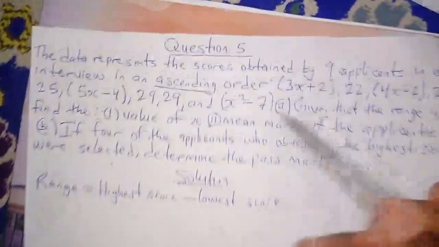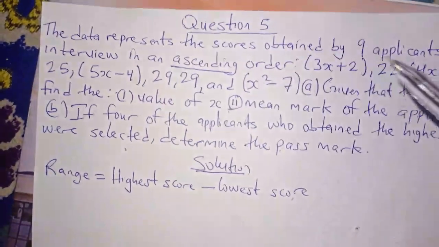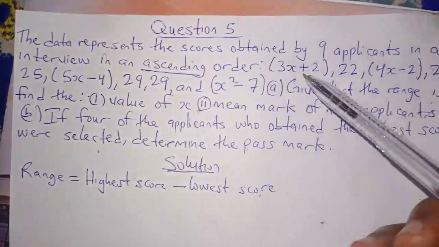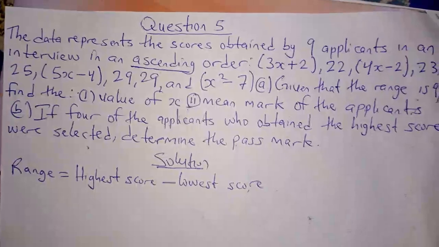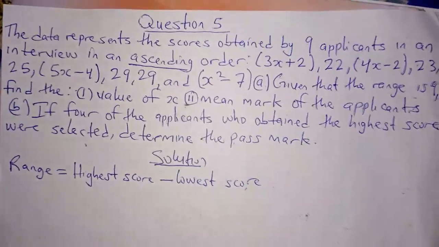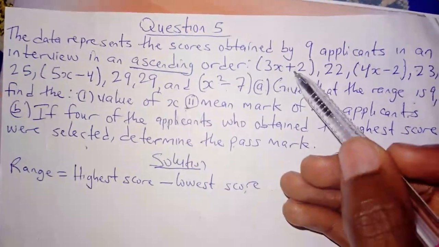And that is where the order they've given us here comes into play. We would have had a little problem if you had not been told these scores were arranged in ascending or descending order. But here you have been told that they are in ascending order. So it is easy for us to say this is our highest score and this is our lowest score.